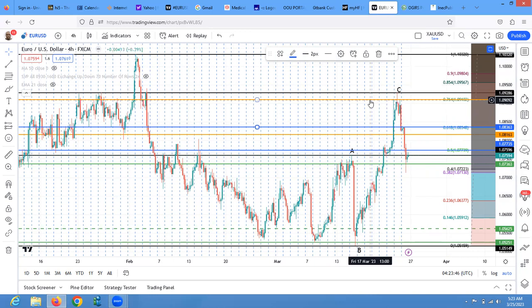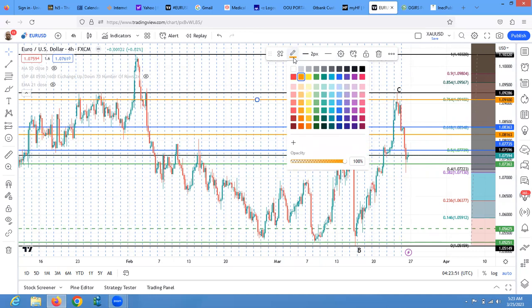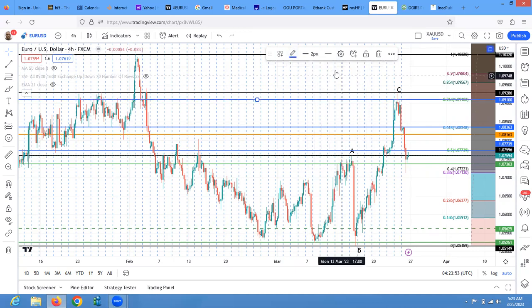So if I use blue for this and break it, because that's 76, that was the height here. And of course, it coincided with 161.8 that we did of a retracement or extension of A to B to C. It coincided with it at 76, and we first got a reaction there. But now price broke it.